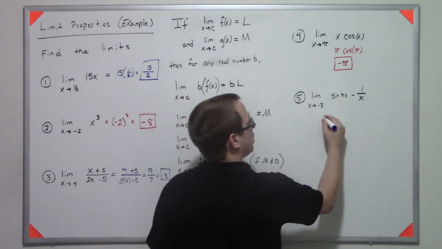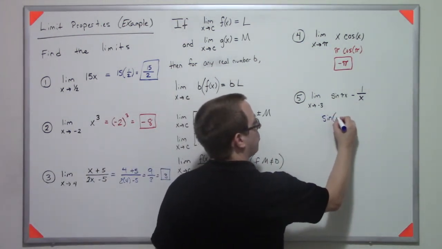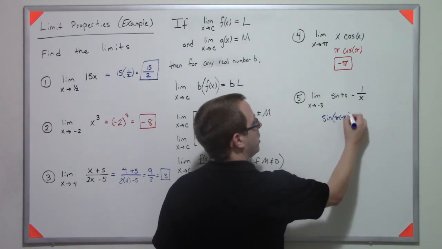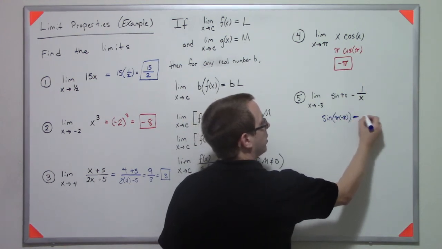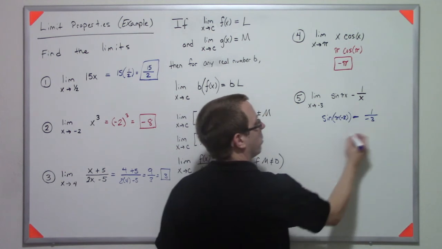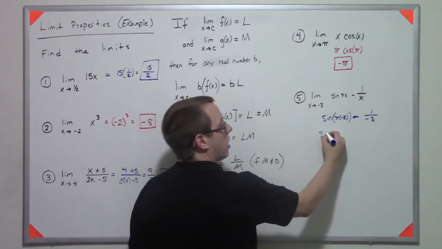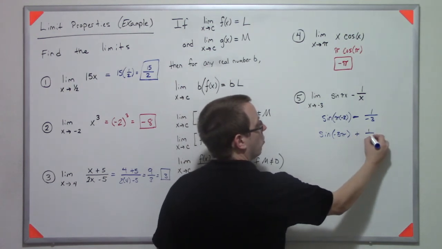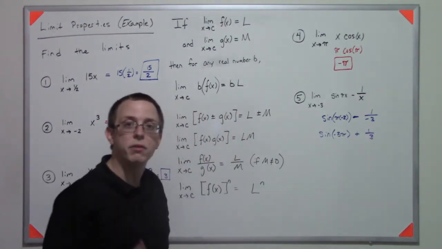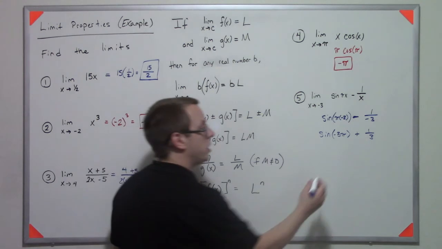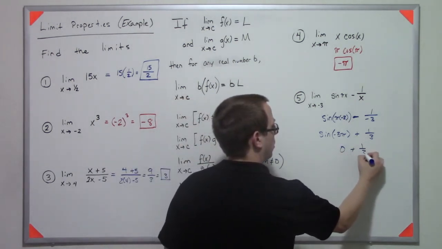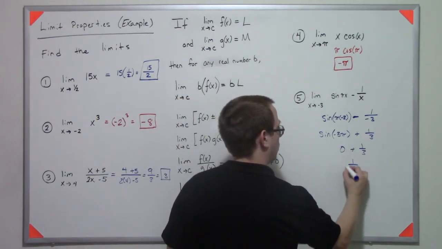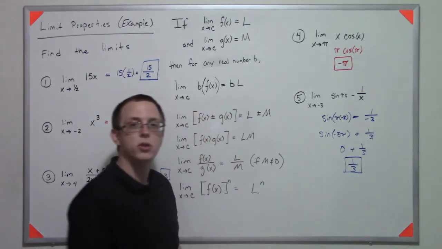So we'll say sine of pi times -3 minus 1 over -3. Well, that's sine of -3 pi plus 1/3. Well, sine of -3 pi is actually 0. So my answer is 1/3.